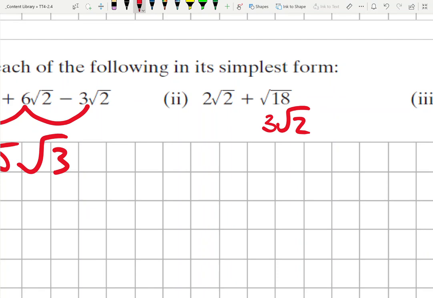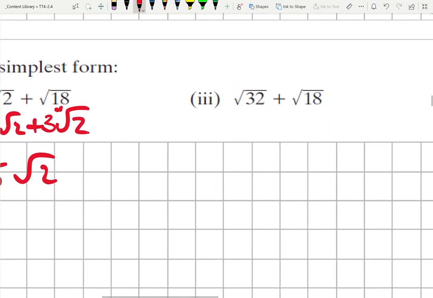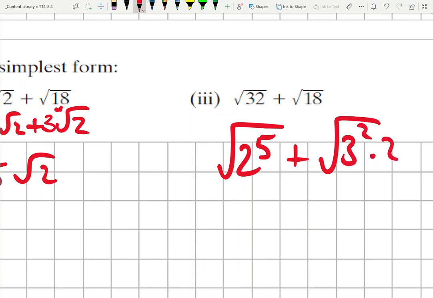You want to factorize 18 into prime factors. Now this is 2 to the 5 plus 3 squared by 2. Now 2 to the 5 is 2 to the 4 by 2.